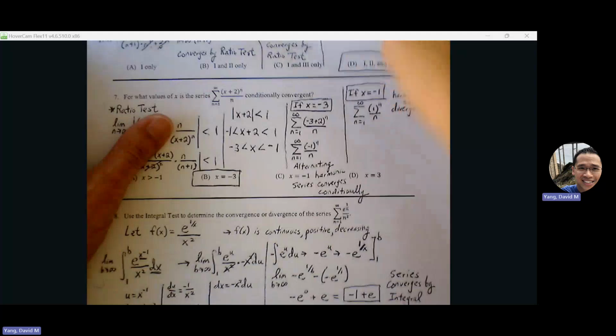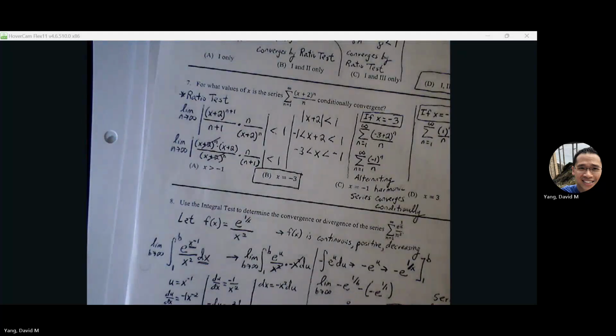All right, let me find another one for us to try. Page 7, number 8.